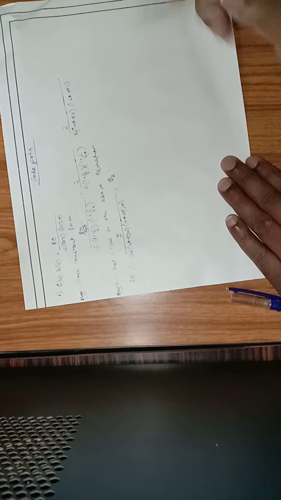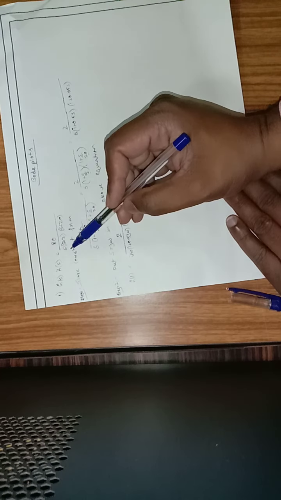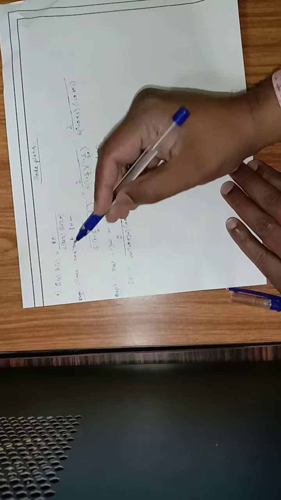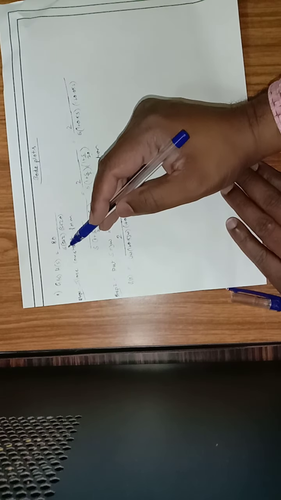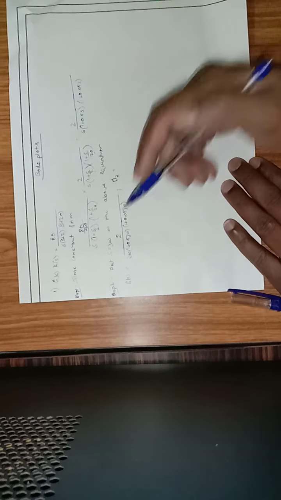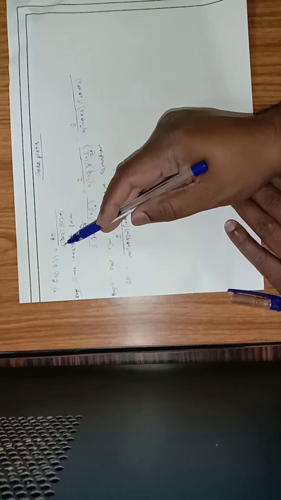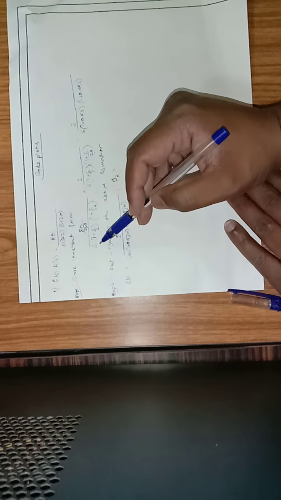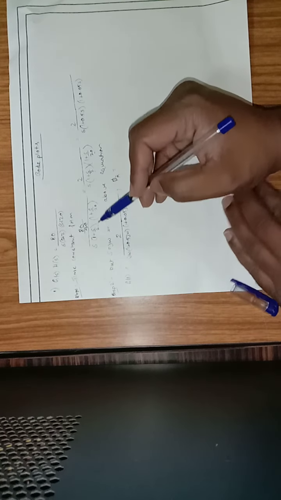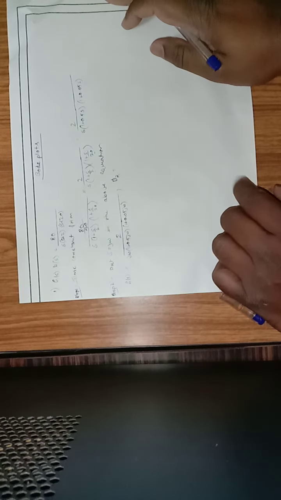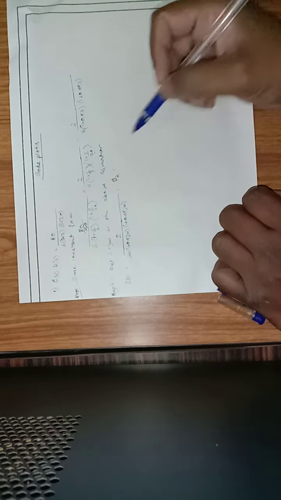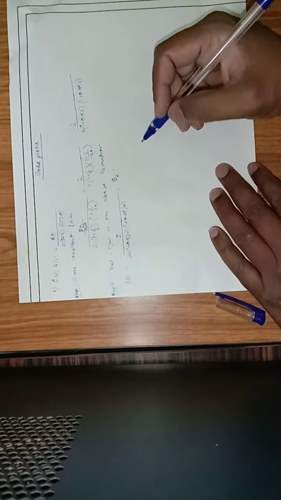Whatever is there in the denominator, if s is there in the denominator, then it is called a pole. If s is there in the numerator, then it is called a zero. So here 1 by s is one pole at origin, and 1 plus s by 2 and 1 plus s by 20 are simple poles.